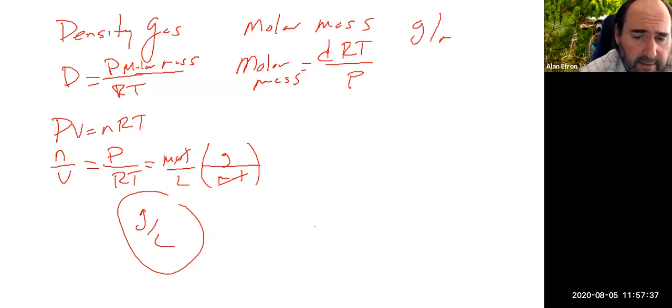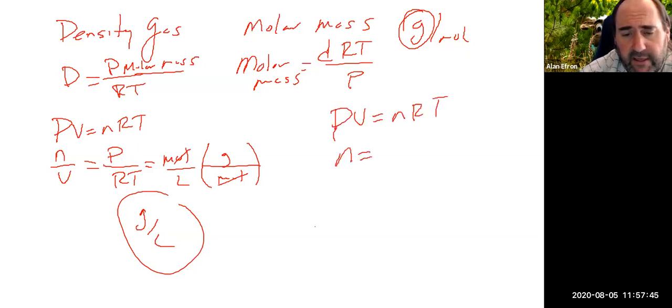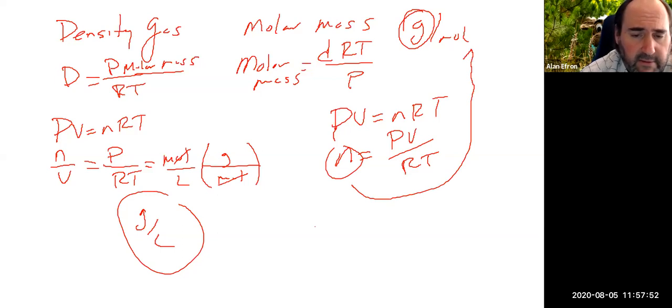So in most of those type of problems, you're given the grams, and you really could use PV equals nRT and solve for n, which would give us PV over RT, and then you would have the moles part as well. So we talked about how to calculate those things using the ideal gas law, and you could also use the shortcut formula.